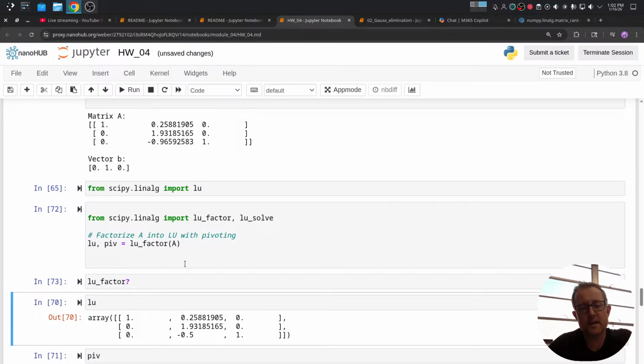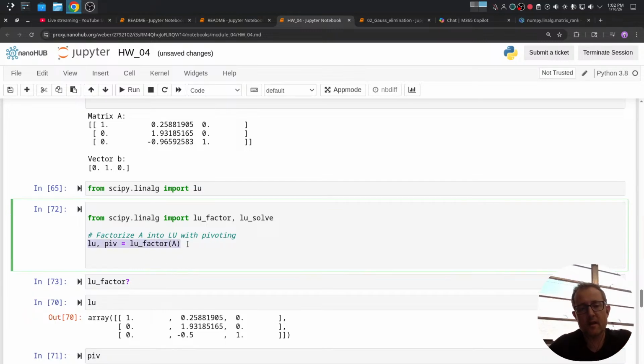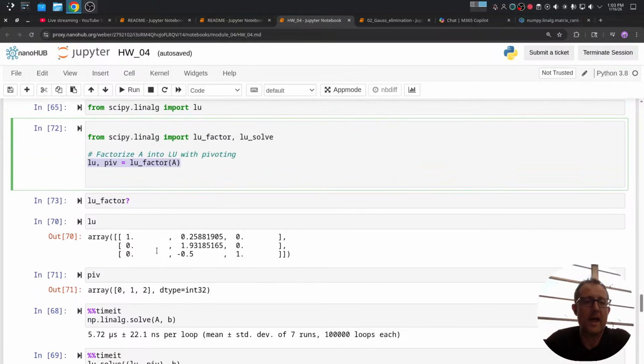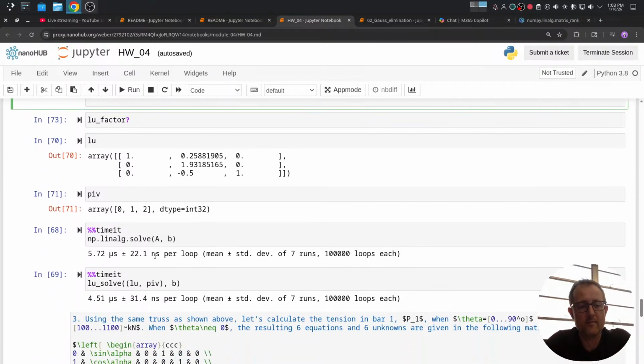It definitely saves computational time to use this LU factor and then the LU solve. So if you want to try those, that's a great way to do LU factorization. It's not as straightforward as our previous LU factorization, where we had a lower matrix and an upper, and even that pivot matrix, you can sort of figure out what's going on there.